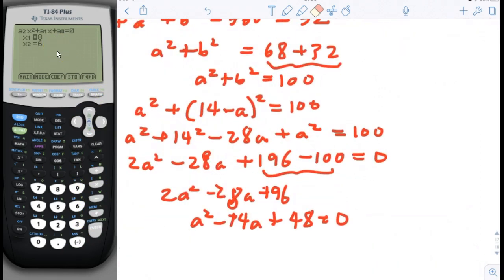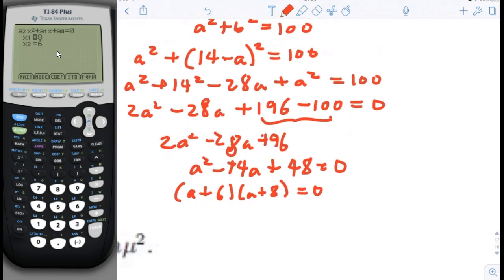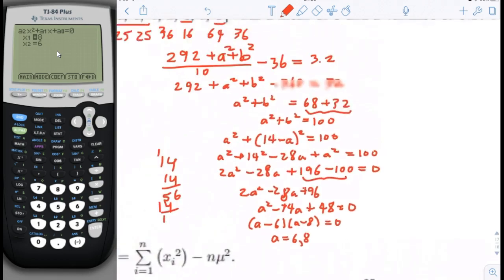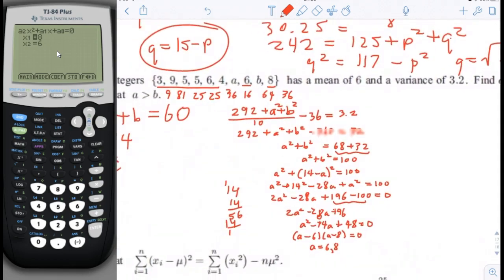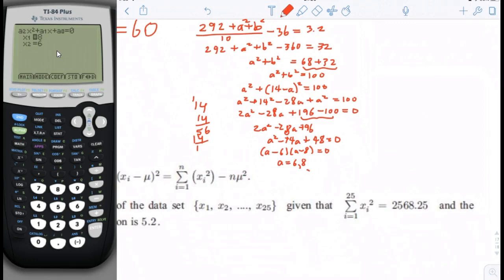So we're going to have a minus 6 and a minus 8. So our roots are 6 and 8. Okay, so basically, which one is bigger than the other? A is greater than B. So A is going to be 8, and B is going to be 6.